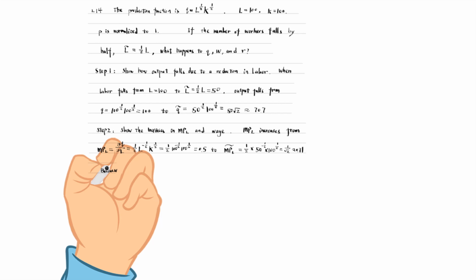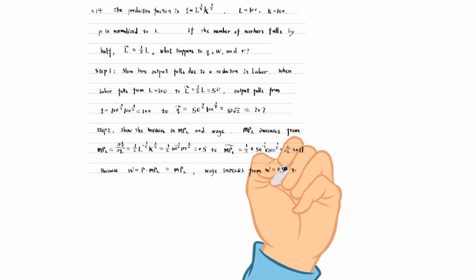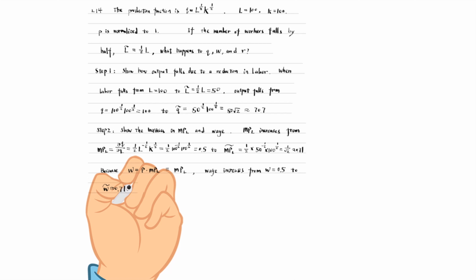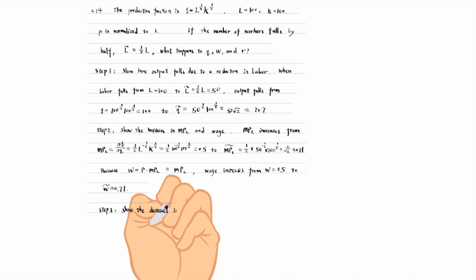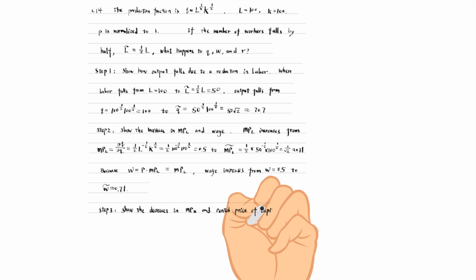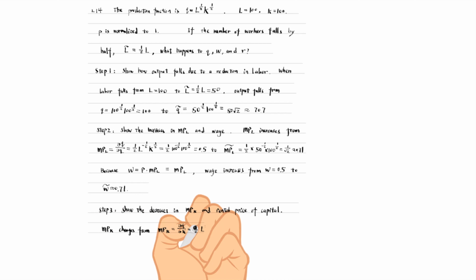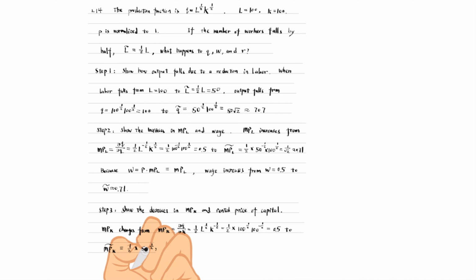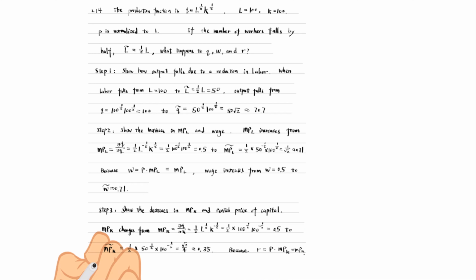Because the labor demand function is W equals price times marginal product of labor, the wage increases from 0.5 to 0.71. In the third step, we show the decrease in the marginal product of capital and the rental price of capital. The marginal product of capital falls from 0.5 to 0.35, and so is the rental price of capital.